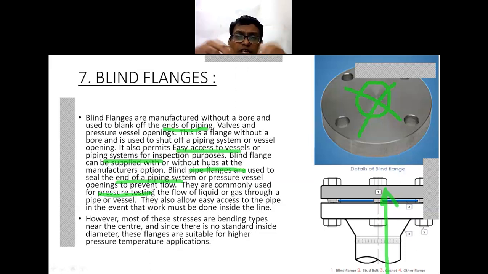That means for pressure testing, we provide extra pressure. It's generally hydraulic testing that is done, testing the flow of liquid or gas through a pipe or vessel. They also allow easy access to the pipe in the event that work must be done inside the line.